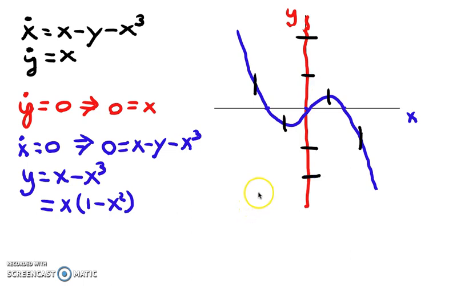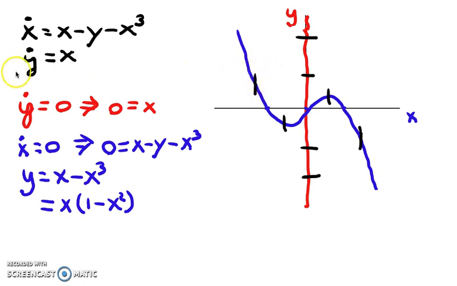Now, I know a little bit more than this. I can actually figure out whether the flow is going to be moving to the left or to the right across the y nullcline, moving up or down across the x nullcline. And let's do up and down first.